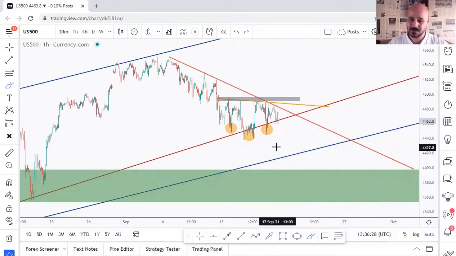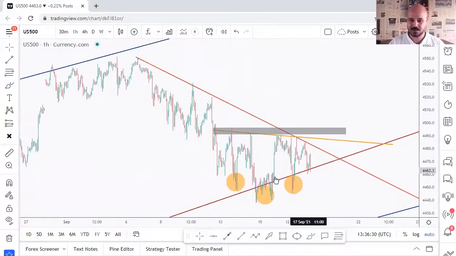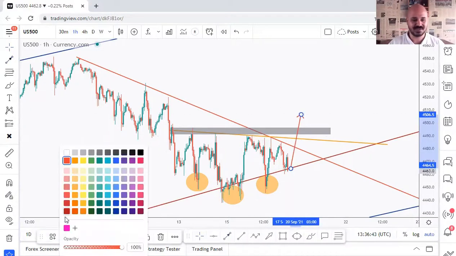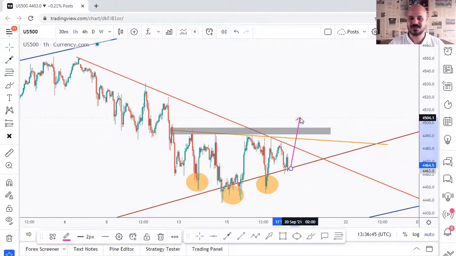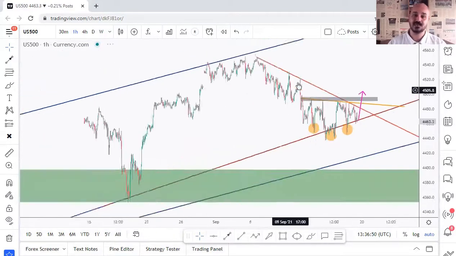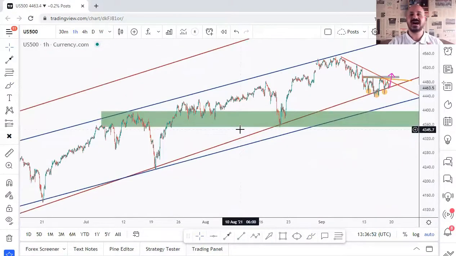Right? But now it is valid. We're around a support area and horizontal support, of course, in brown. And we've got this trend line and a head and shoulders after a bearish trend. So all the conditions are met, but not the trigger yet. So we are waiting for a momentum candle close above this one to prove to us that the buyers are taking over again, even though they are in control from a higher time frame, from a long-term perspective.